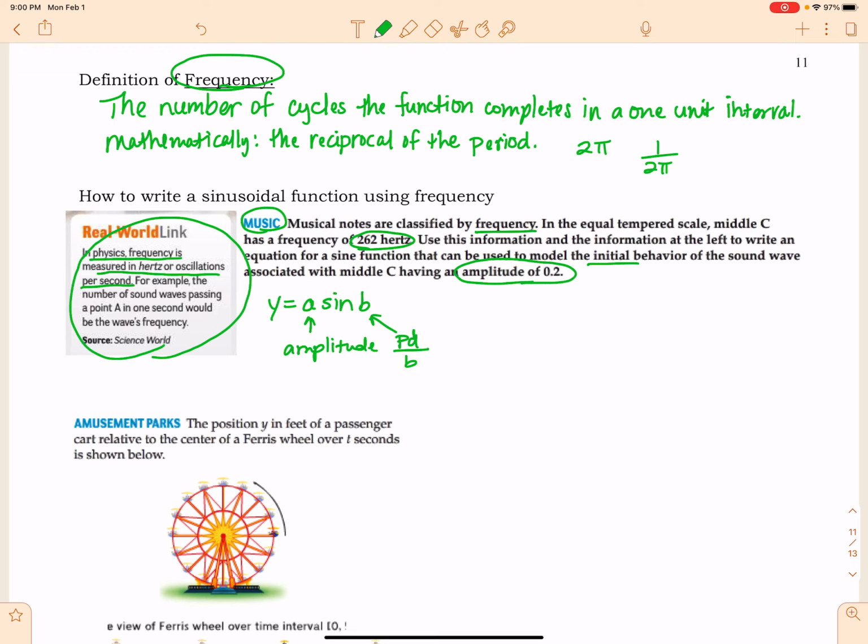And then, of course, we won't have an x value or a theta value here. This will be in terms of time. So this is the equation we're shooting for here. This is a general form where y is a function of time.